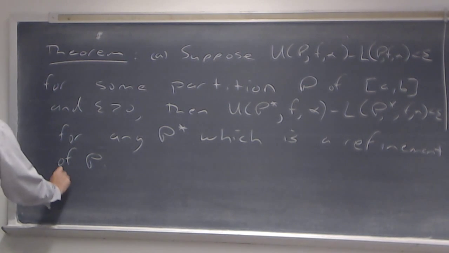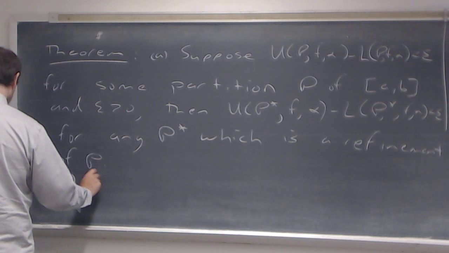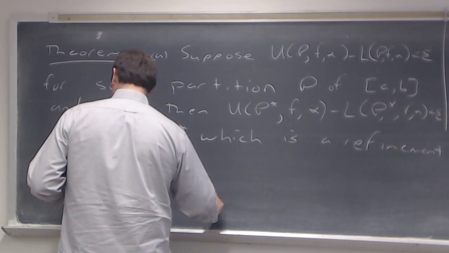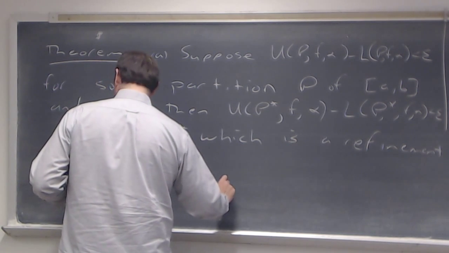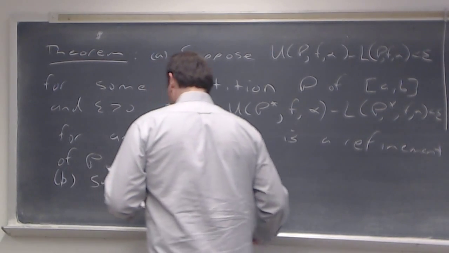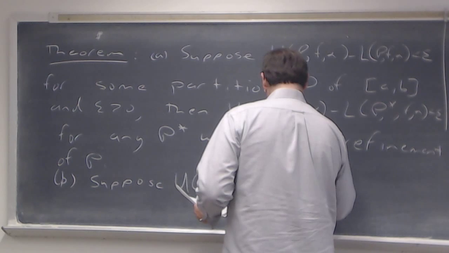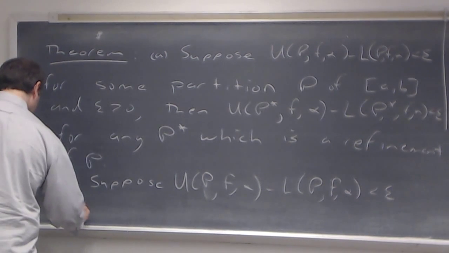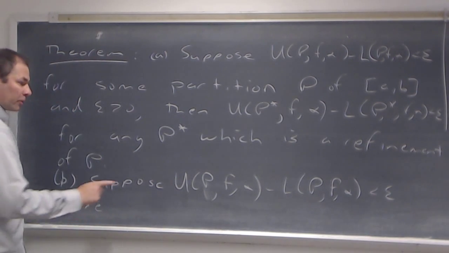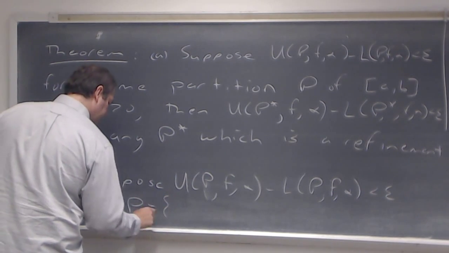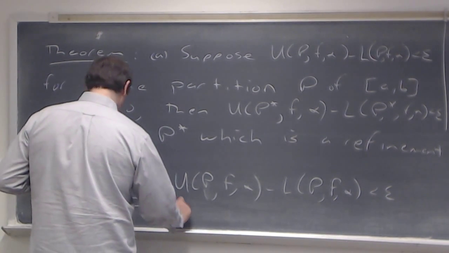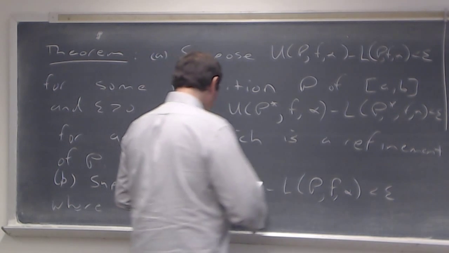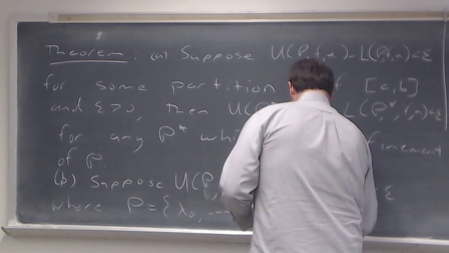The second statement, part B, says suppose the upper Riemann-Stieltjes sum with a partition P minus the lower Riemann-Stieltjes sum with the same partition is less than epsilon, where we're going to denote the partition as x of 0 up to x of n, and epsilon is greater than 0.